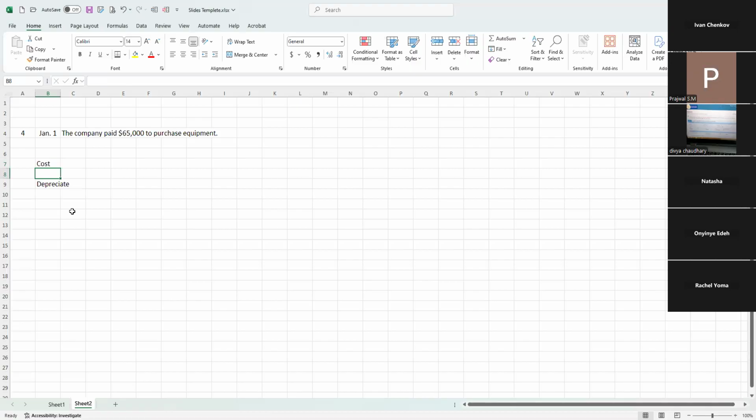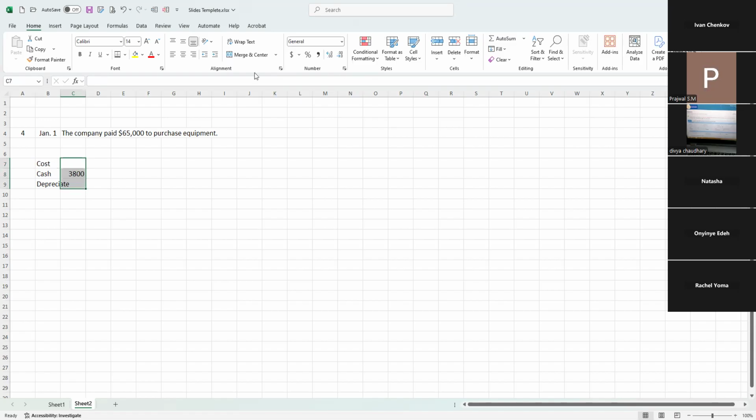Then we have to see, are we gonna get some cash at the end of the life of the equipment? In this case, they say yes. So we're gonna get cash. We can sell the equipment for cash of $3,800.